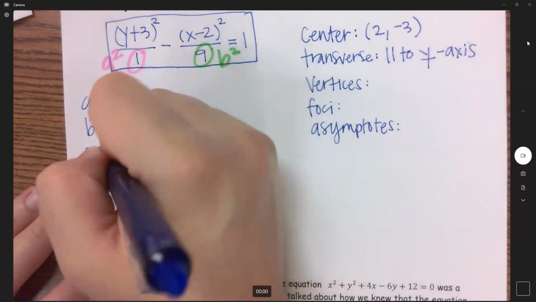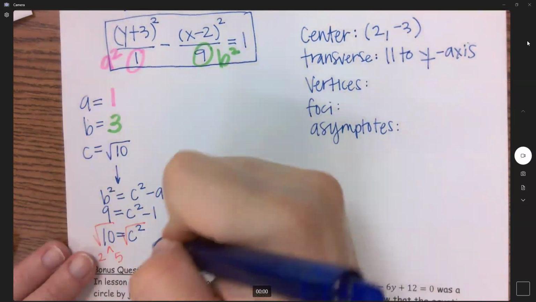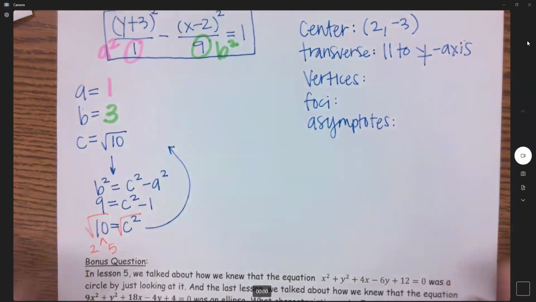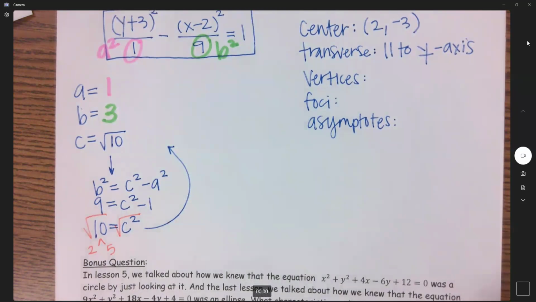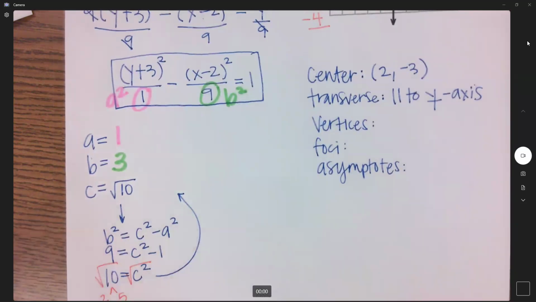So my C is square root 10. Okay, now we have all the information that we need.